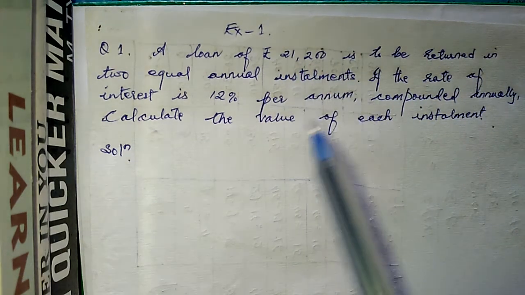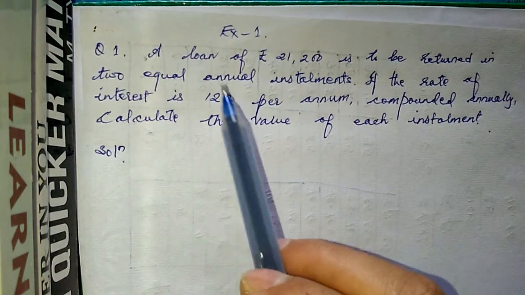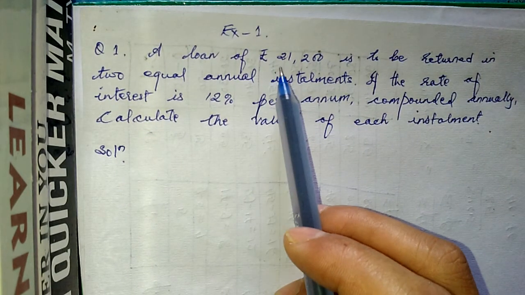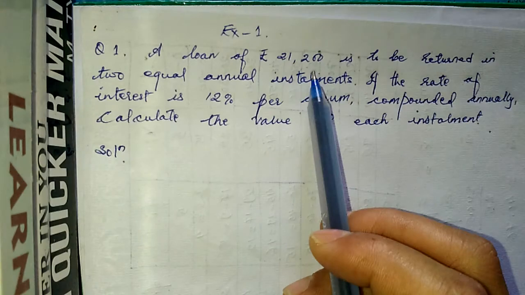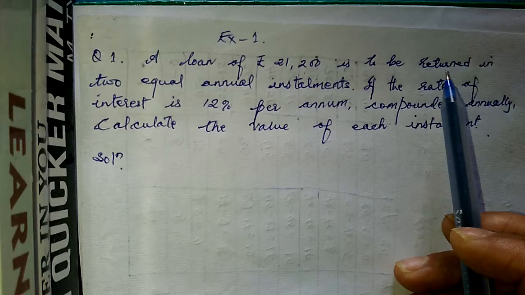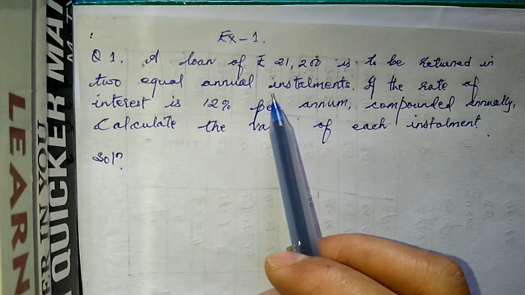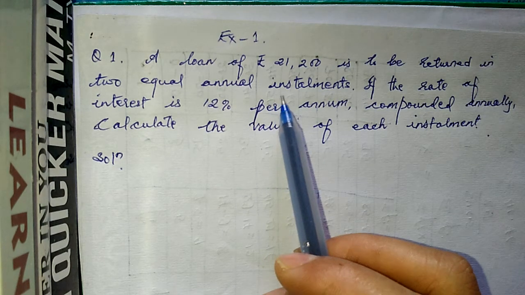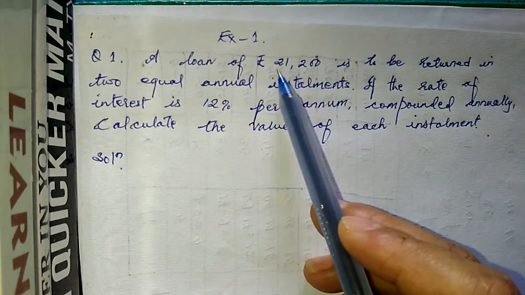Exercise 1, question number 1. A loan of 21,200 rupees is to be returned in equal annual installments. That means this is the amount.